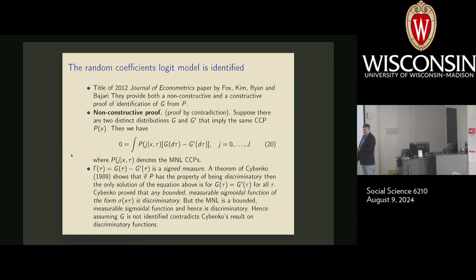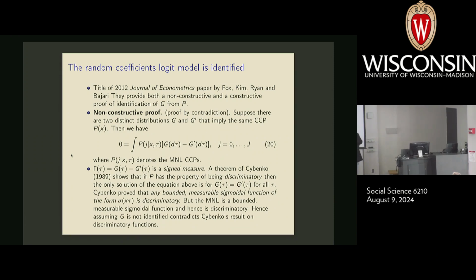So it looks really obvious. Yeah, it's got to be 0. Well, you know, when these are distributions, this is called a signed measure. The difference in two CDFs is called a signed measure, and you're not sure whether there could be a non-zero signed measure that somehow just sets this equal to 0. And the answer is no. There's this paper by Cybenko in 1989 that shows that these squashing functions have a property of being discriminatory.